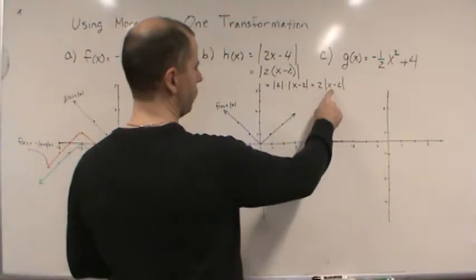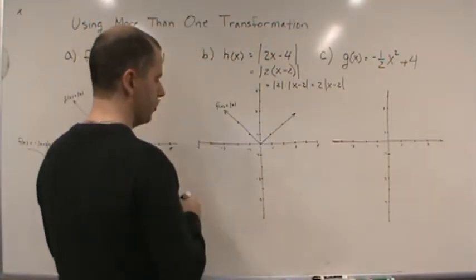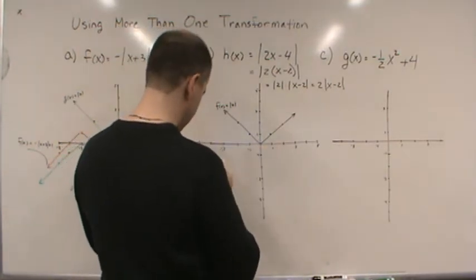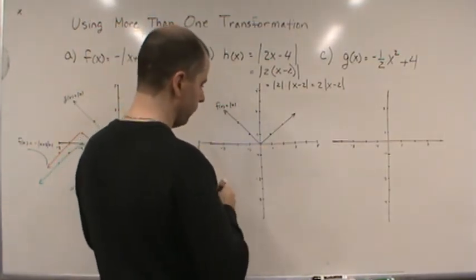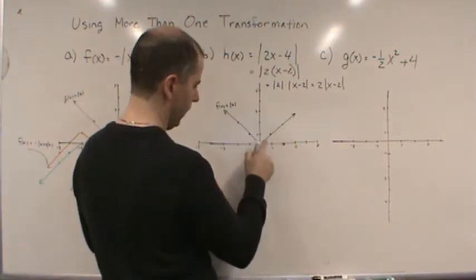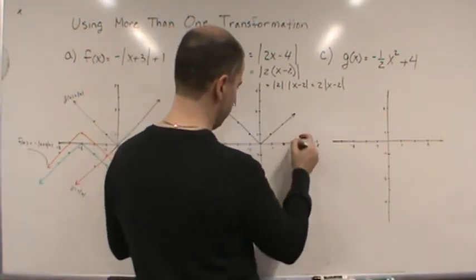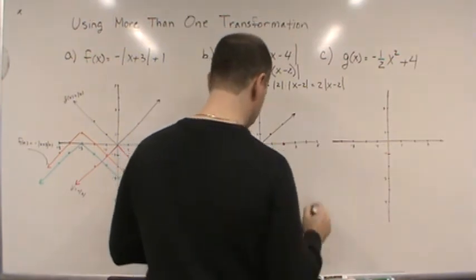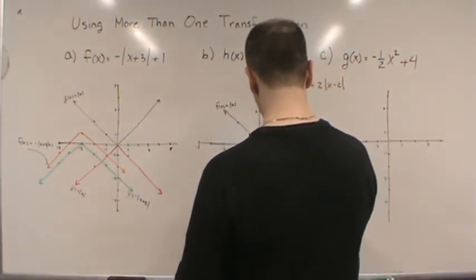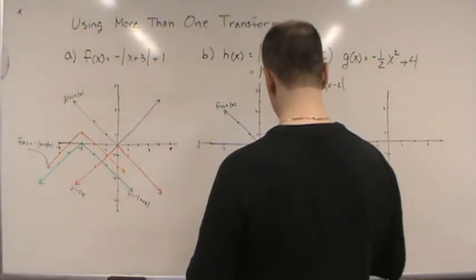So now if I do x minus 2, right? So I'm going to move everything to the right 2 units. So that means 0 moves to 2, and this moves over 2 to 3, 1. Let me do it this way. And then this moves over to 2, so it moves there.